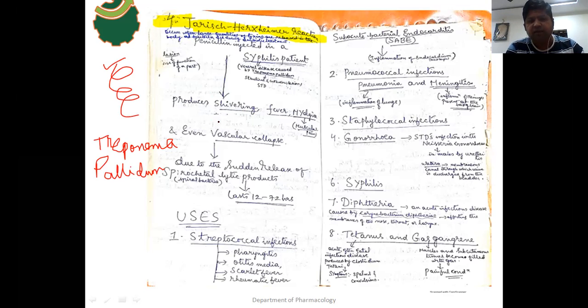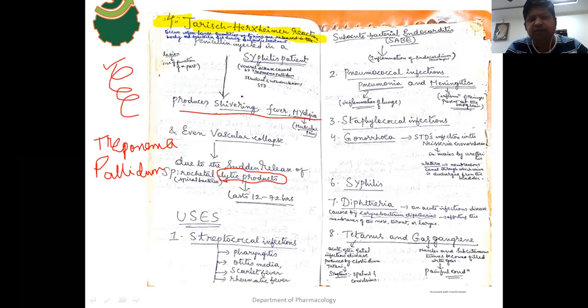When the bacteria release lytic products in large quantities in the body as they die during penicillin treatment, that results in the following symptoms: shivering, fever, myalgia. Shivering means severe involuntary jerky movements, like how we shiver in malaria, in cold.